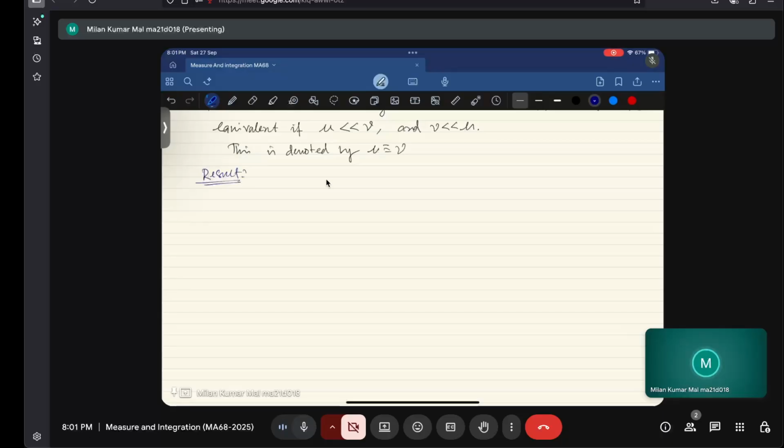So what does it say? Let X be a measurable space.